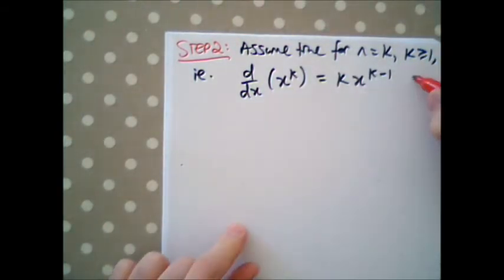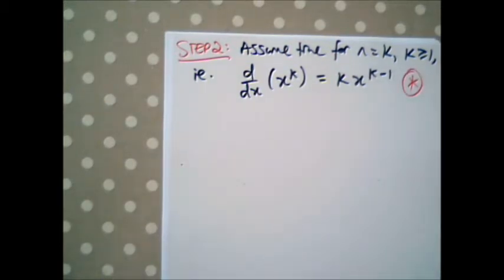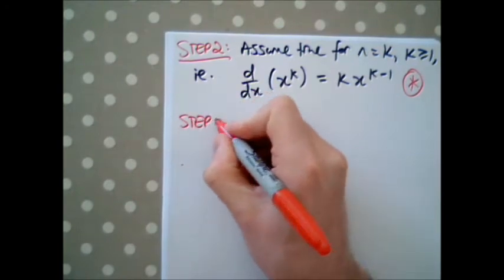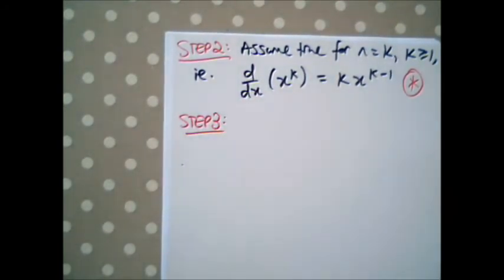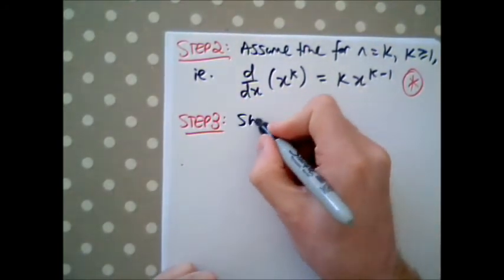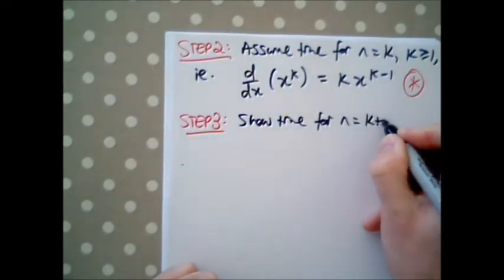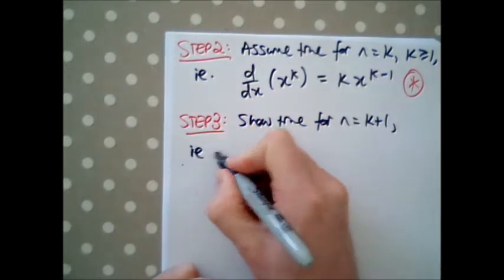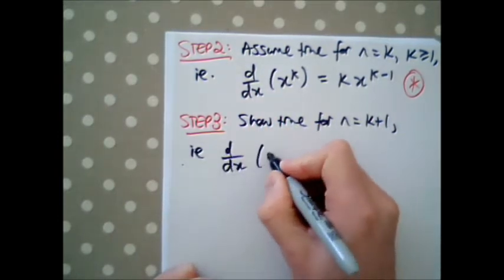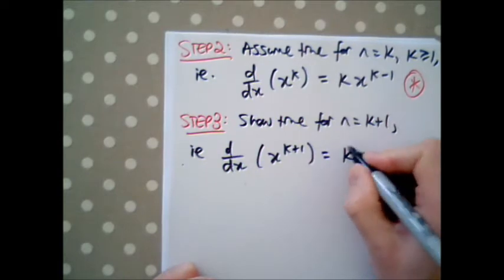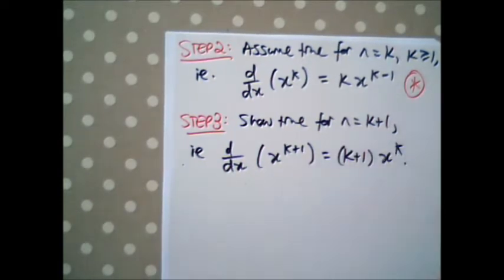Alright, so this is our star. And step 3 now says show true for k plus 1. So show true for n equals k plus 1, i.e. when you differentiate x to the power of k plus 1, we should get k plus 1 times x to the power of k.